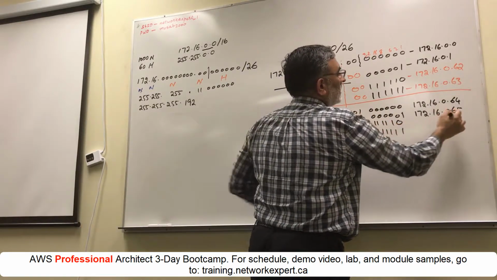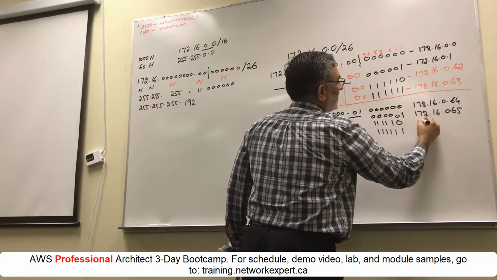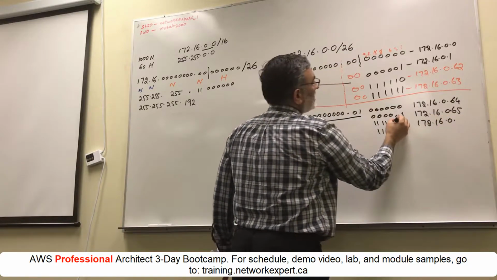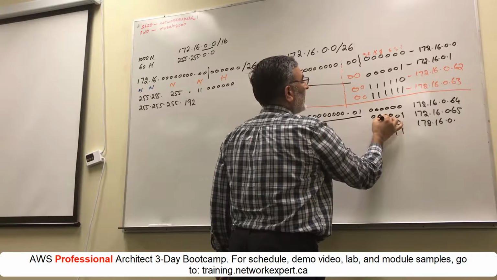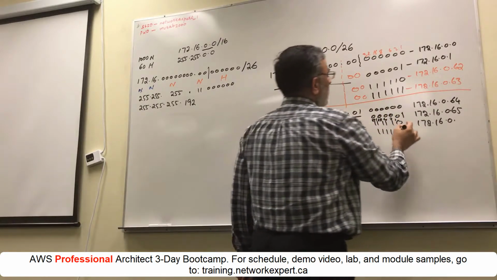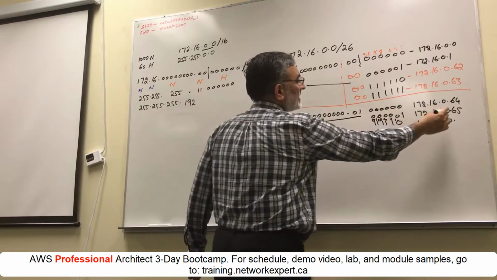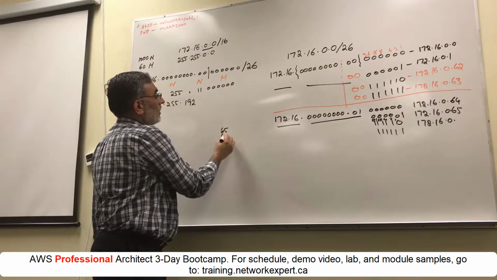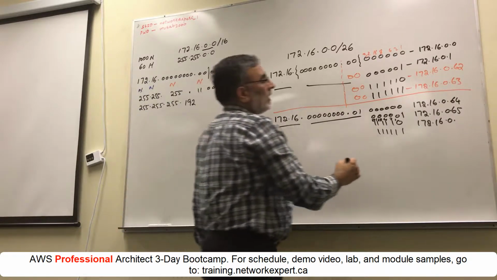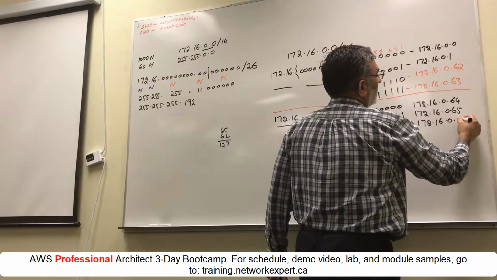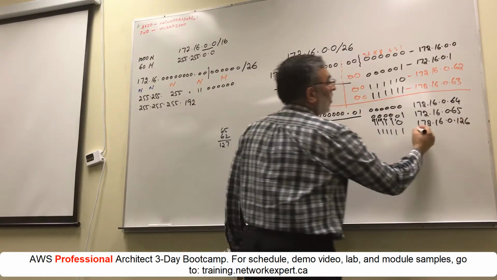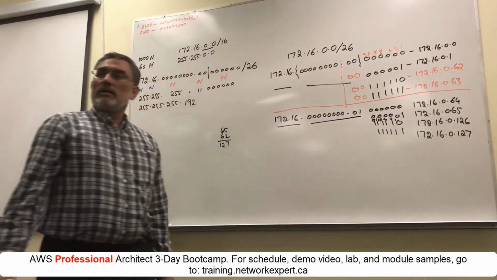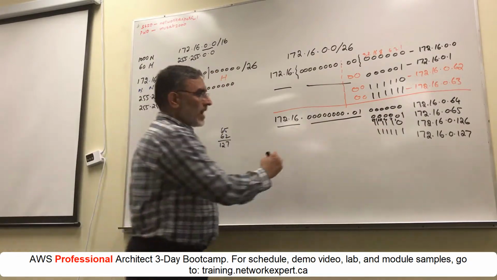For the last valid IP address, it is 172.16.0, and we add 62 to 64, giving 126. And 172.16.0.127 will be the broadcast address for this subnet.